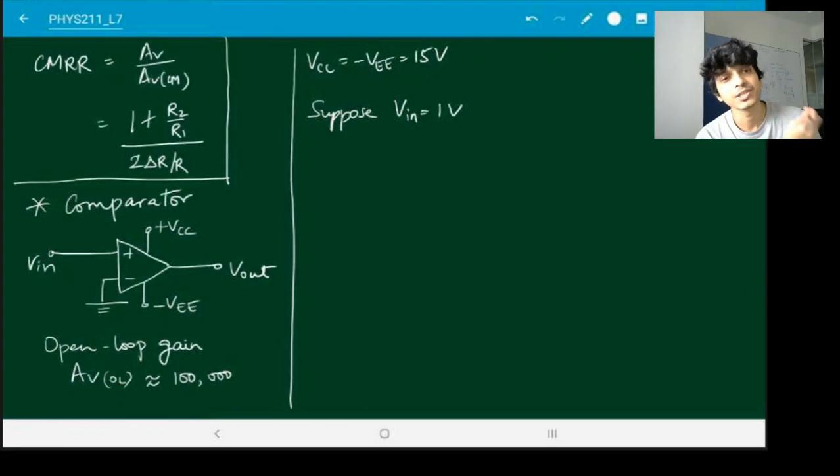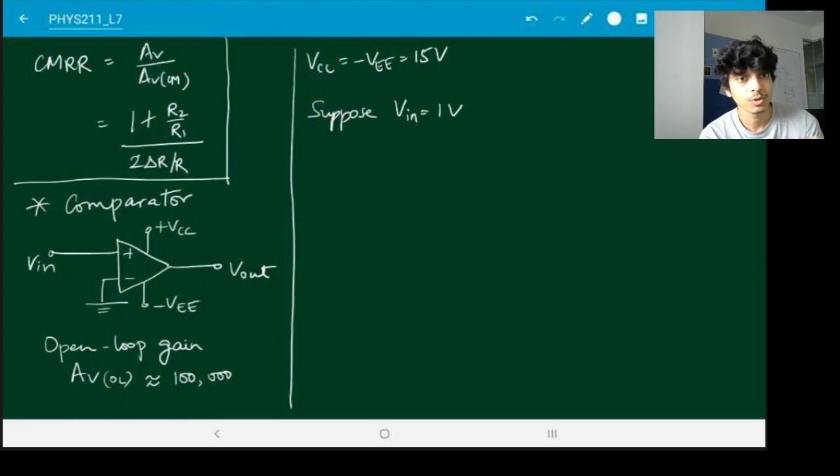Whatever amplification is being done, whether in a transistorized circuit or an op-amp circuit, that extra energy comes from the biasing, from your plus VCC and minus VEE, which is locked at 15 volts. It's like a cap, an upper limit. You cannot go beyond 15 volts.